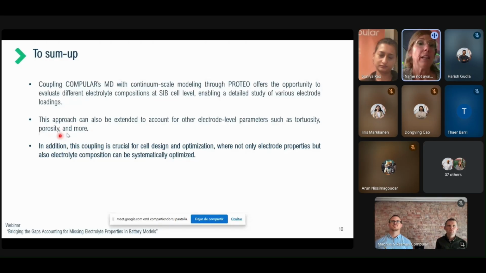So these kinds of tools become crucial in order to do this cell design and optimization, because you can know in advance how important it can be to have one composition of the electrolyte or the other, or if there is a chance to optimize the specific properties of the electrolyte.